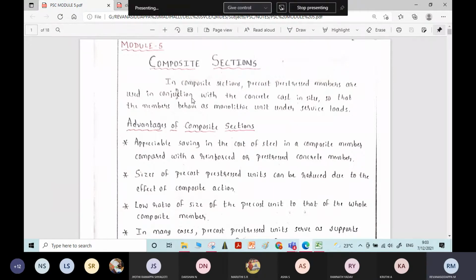It means the ability you get after successful learning of this model: you will be able to describe composite sections, and you will be able to analyze a composite section for flexure, shear or stresses.